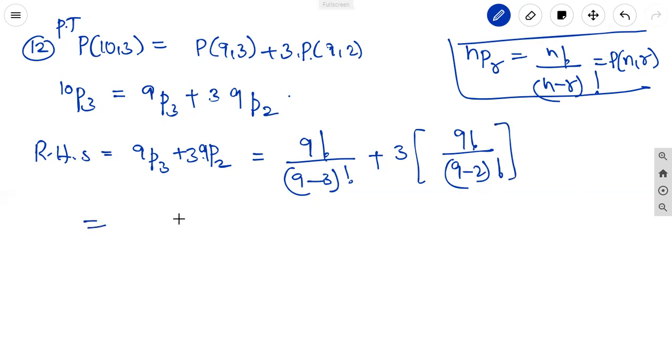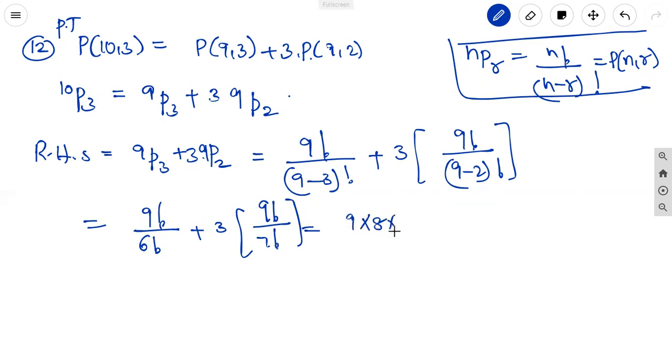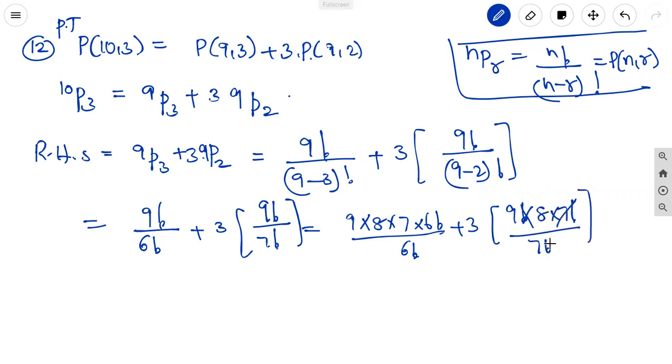That is 9 factorial by 6 factorial plus 3 into 9 factorial by 7 factorial. 9 factorial can be written as 9 into 8 into 7 into 6 factorial by 6 factorial, plus 3 into 9 into 8 into 7 factorial by 7 factorial. The factorials cancel, leaving 1.